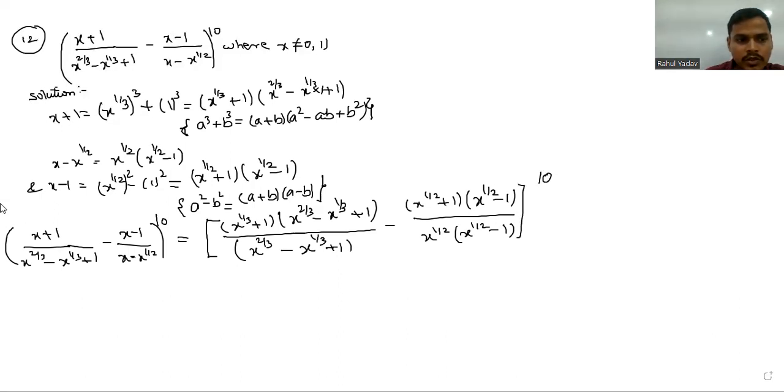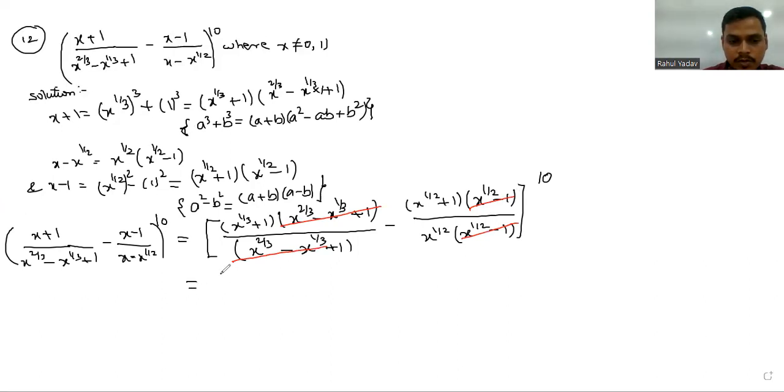Right, student? As you see here, x - x^(1/2) is equal to x^(1/2)(x^(1/2) - 1). In the numerator and denominator we have two terms the same: x^(2/3) - x^(1/3) + 1 in the first term, and x^(1/2) - 1 in the second term. So we cancel them out.